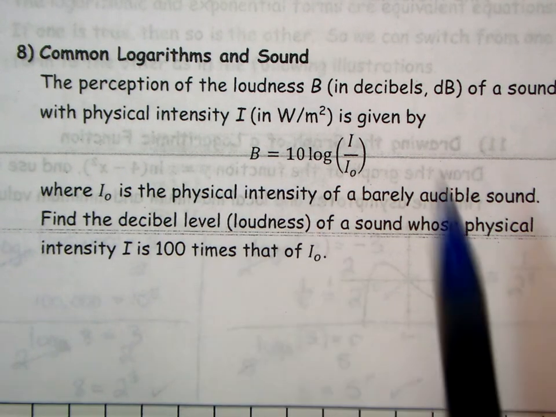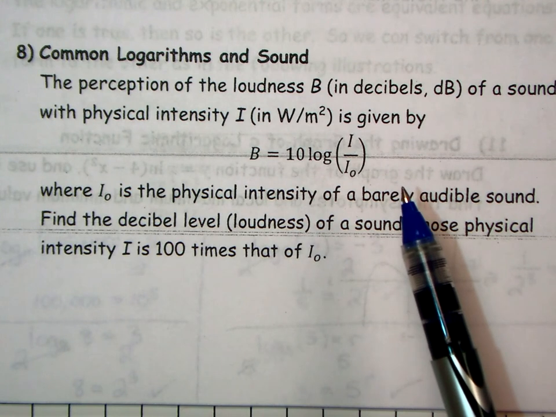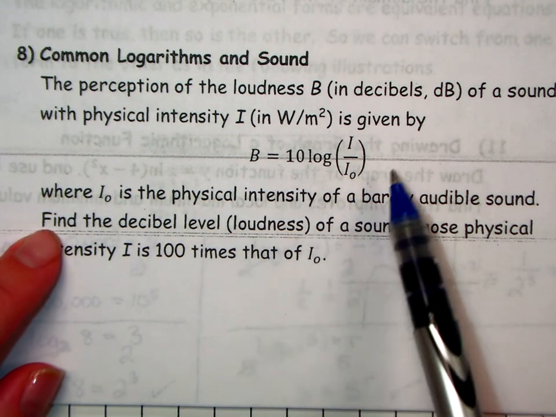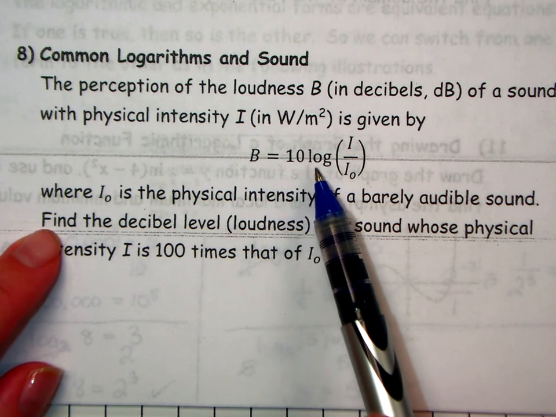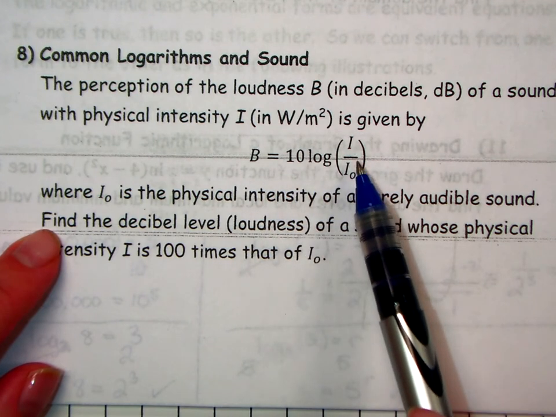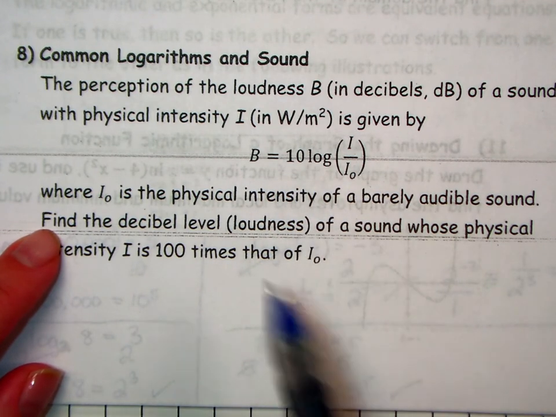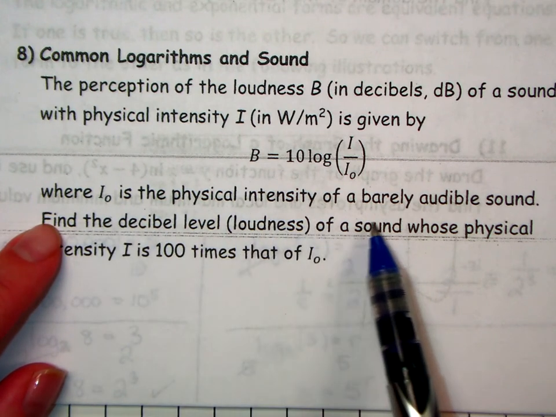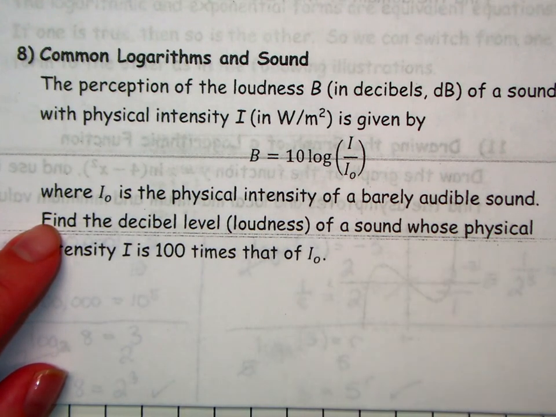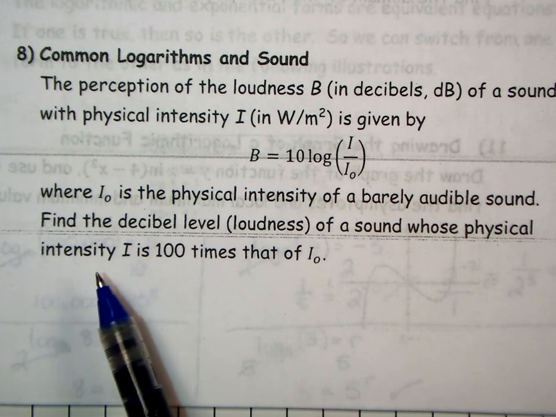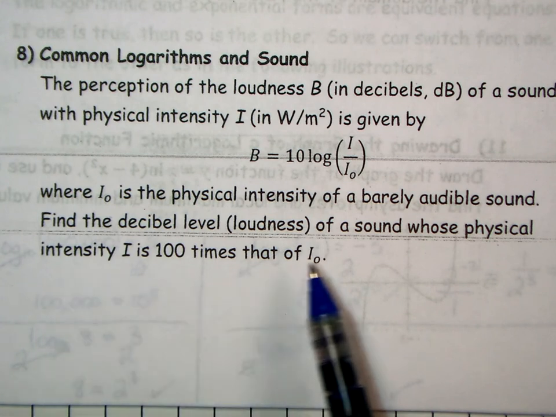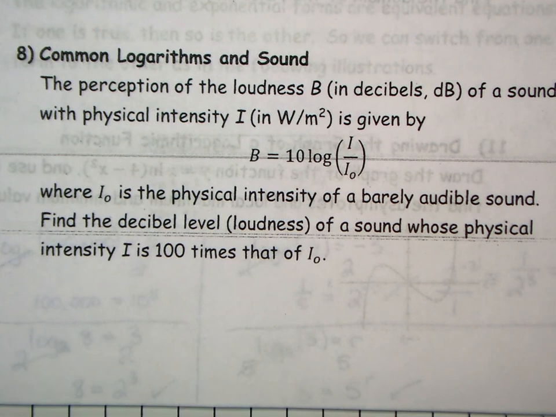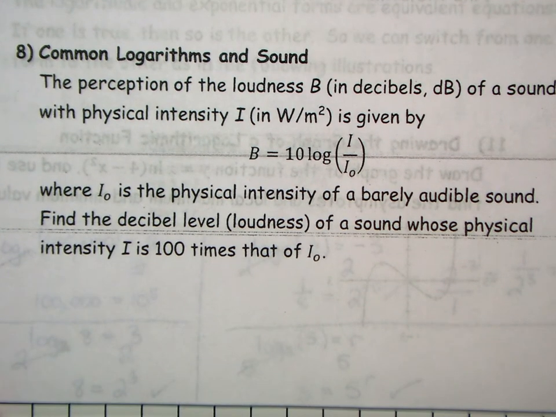So B is a decibel of a sound with physical intensity I is given by this equation: B equals 10 times log of I over I sub 0. Now I sub 0 is the physical intensity of a barely audible sound. And then find the decibel loudness of a sound whose physical intensity is 100 times that of I sub 0.